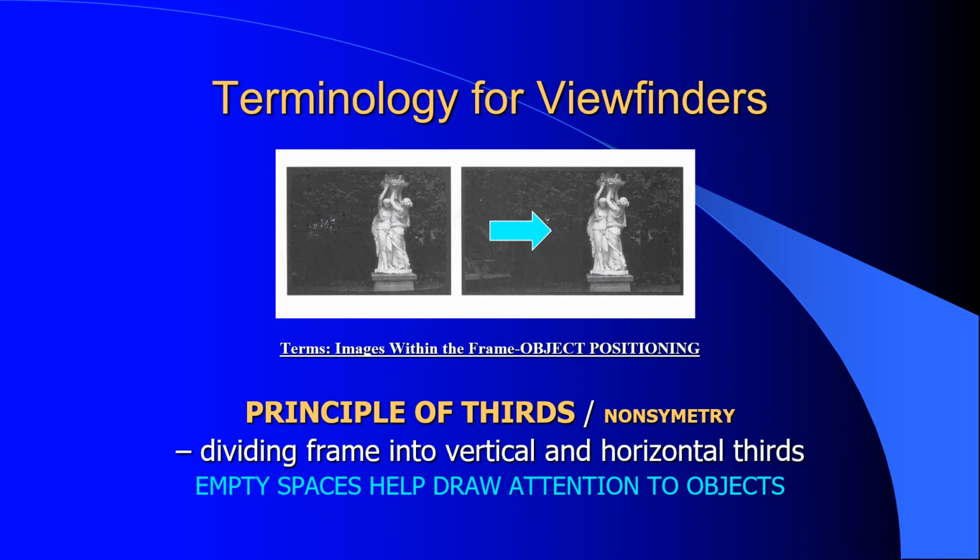The principle of thirds is probably the most common principle used in image construction. The purpose here is to create non-symmetry, to create a space that directs the viewer's eyes towards a particular object or subject.